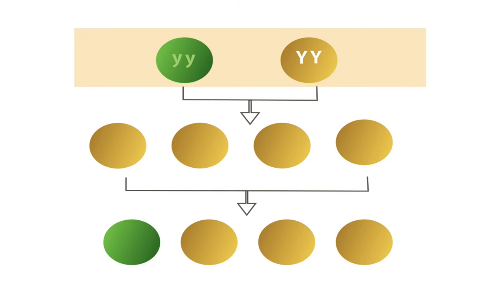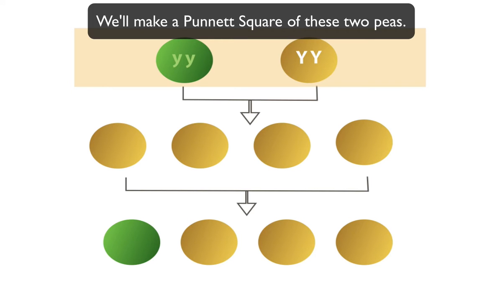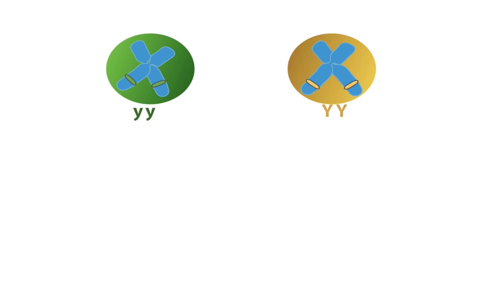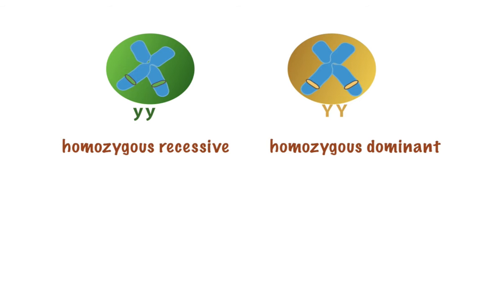Let me give you an example. So if we look at the parental generation of our diagram here, we have two homozygous organisms which have two capital Y's and two lowercase y's, right? So we have a homozygous recessive, because the green color is the recessive gene, and then we have a homozygous dominant, right?